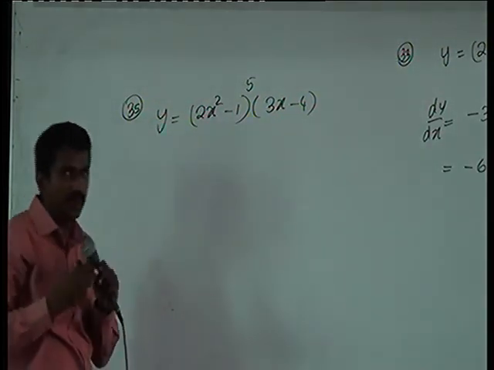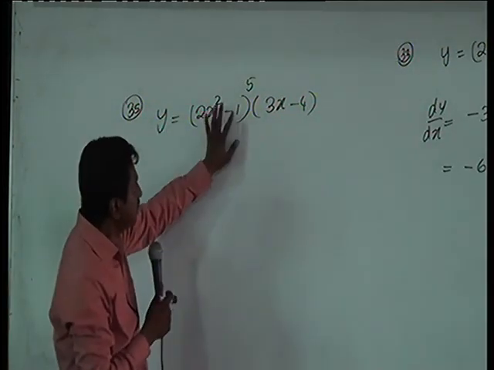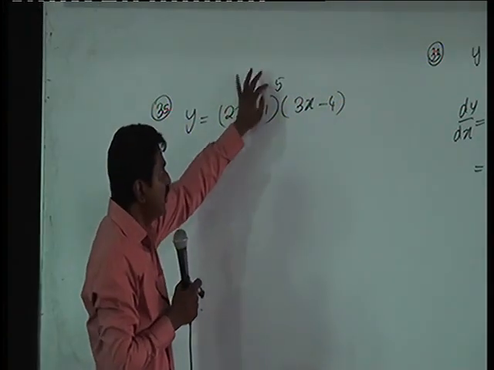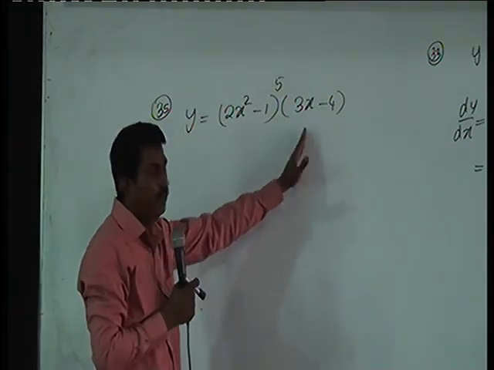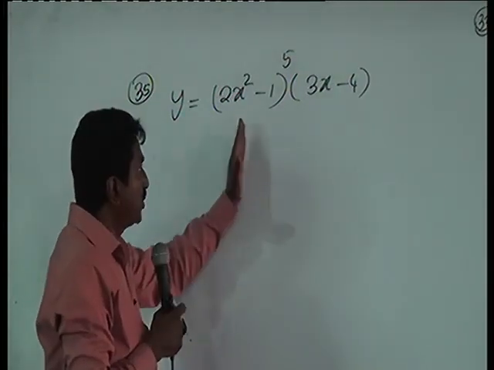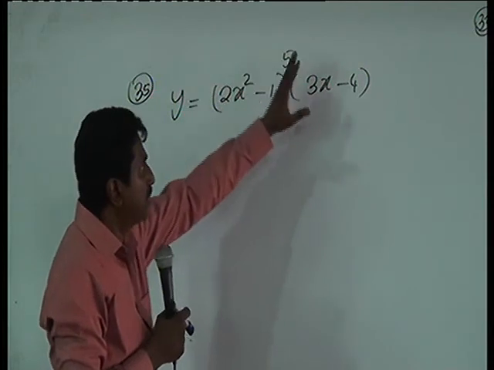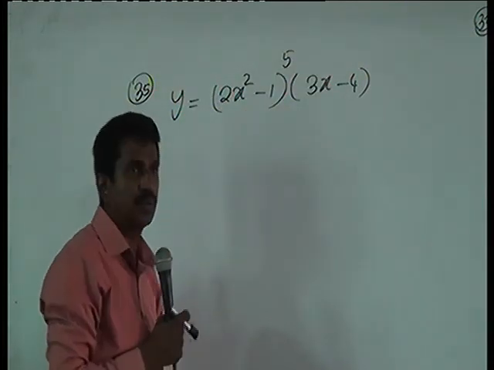What is this one now? Here, this is a function of function, with the power 5. So this is a function of function with multiplication. Both are here: the function of function part and the multiplication part.